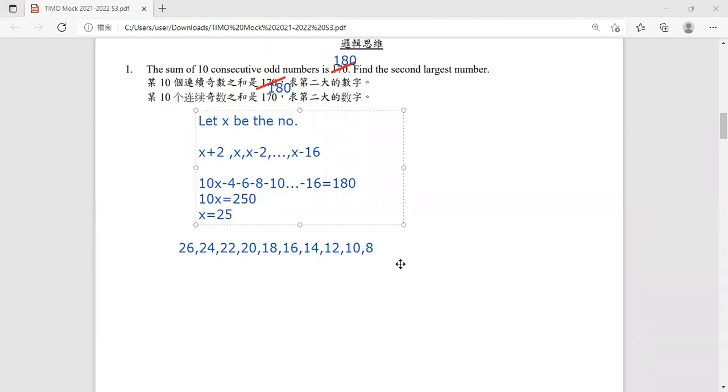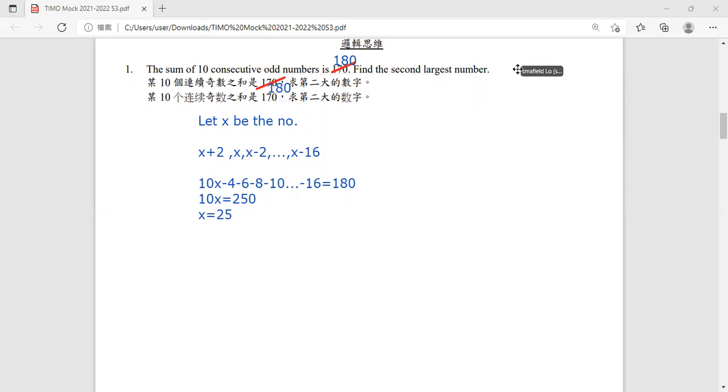Please don't concentrate on the answer. Concentrate on the method. Any question on this one?